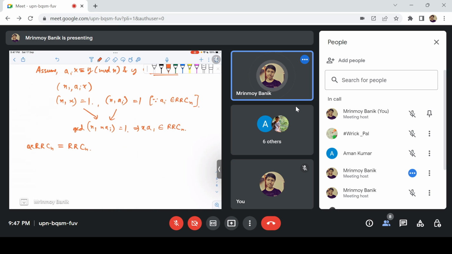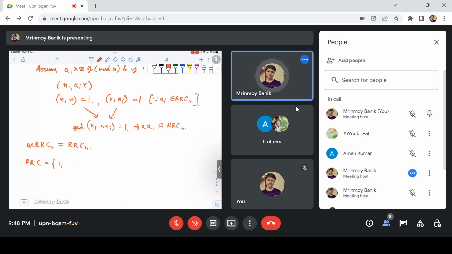This RRC always has 1 in the set, since 1 and n always have GCD of 1, right?